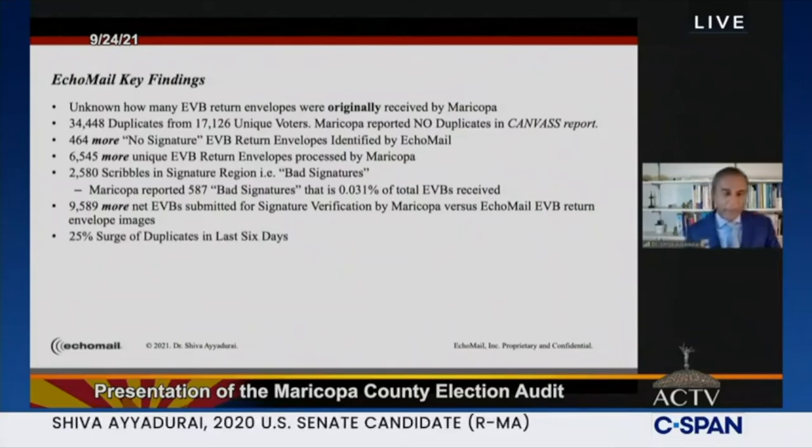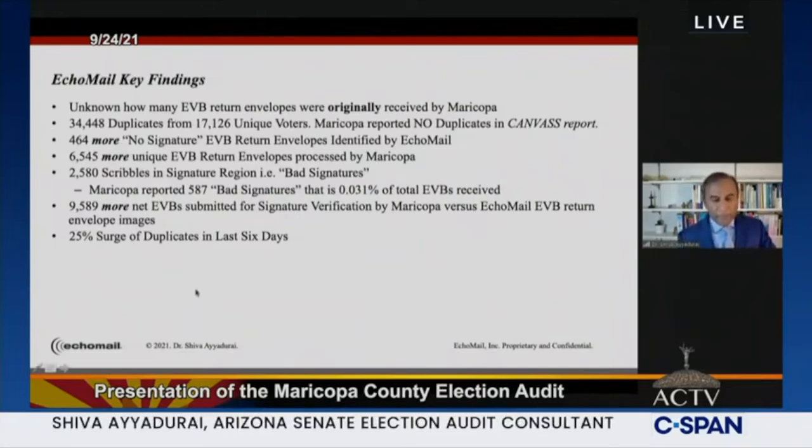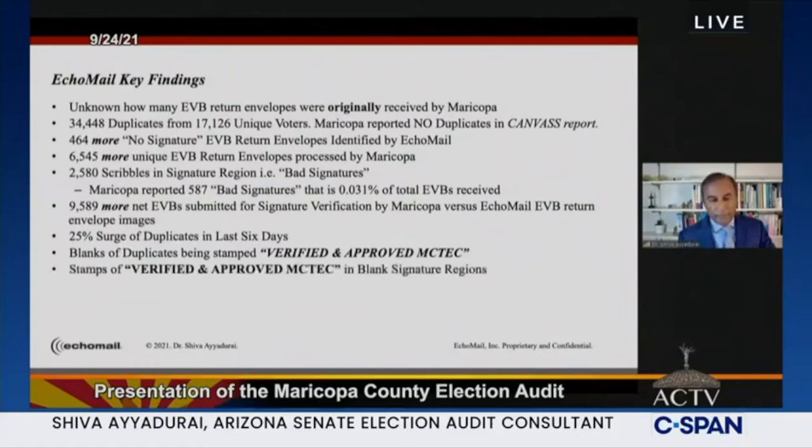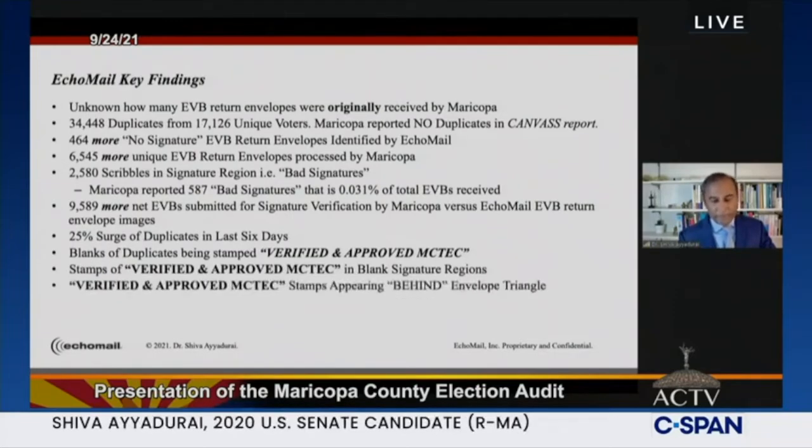And what we're also going to see shortly is that through further analysis we saw a 25% surge of duplicates in the last 6 days, November 4th to the 9th. We also saw some very interesting other anomalies where blanks of duplicates were being stamped, verified, and approved. We also saw stamps of verified and approved in blank signature regions, and I'll share those with you.